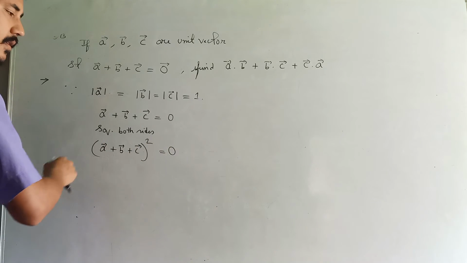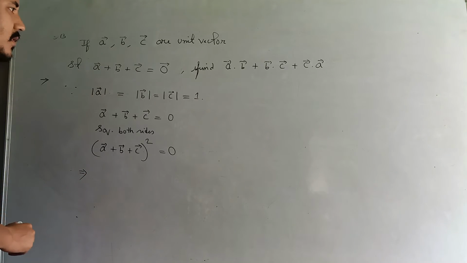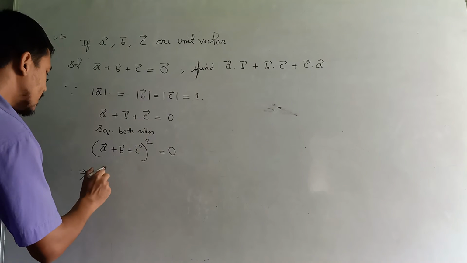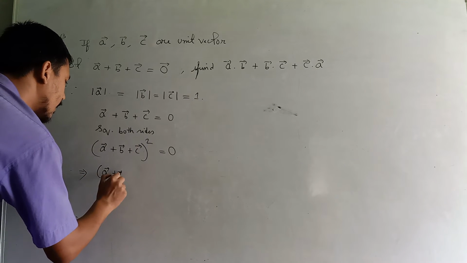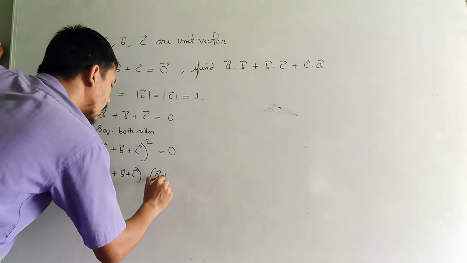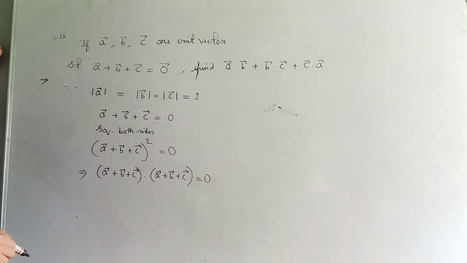You cannot use the identity here. A plus B plus C squared means, can I write (A plus B plus C) dot (A plus B plus C)? Correct?